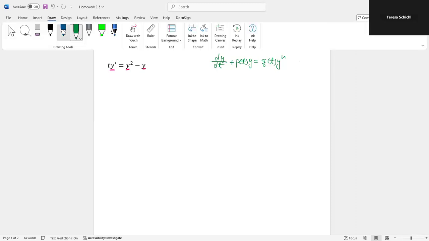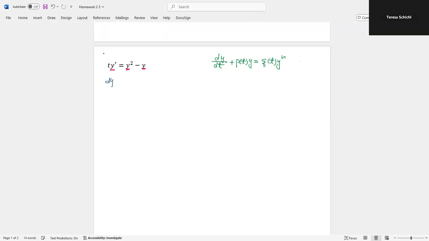As I always like to do, I change the y prime to dy/dt, and divide by t on both sides. So dy/dt equals 1 over t y squared minus 1 over t y.